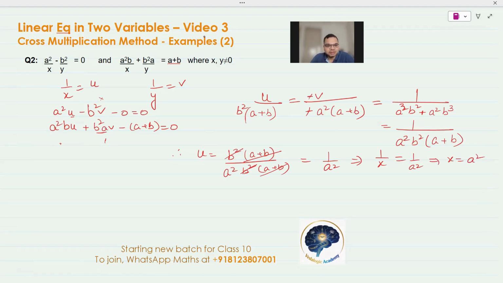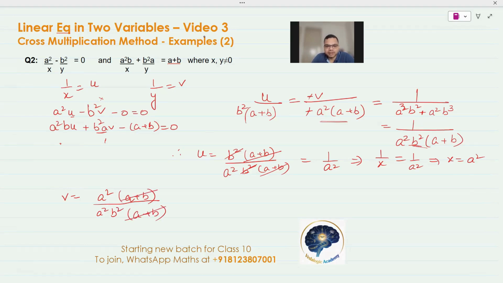And similarly, for v, I am going to move this part to the numerator on the right hand side. So it becomes a square into a plus b upon the same term that I'm going to use here, a square b square into a plus b.